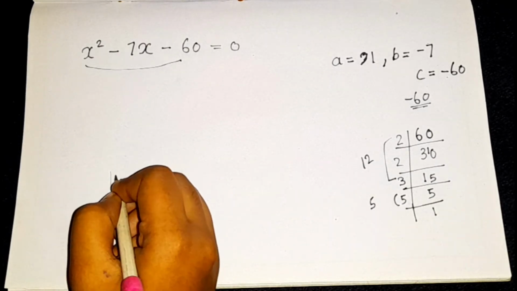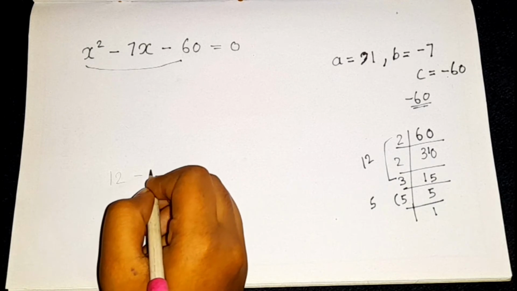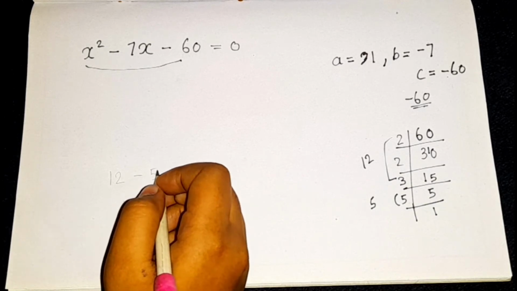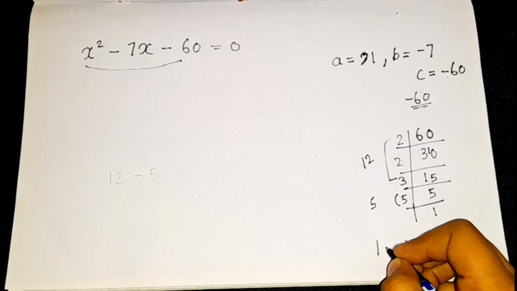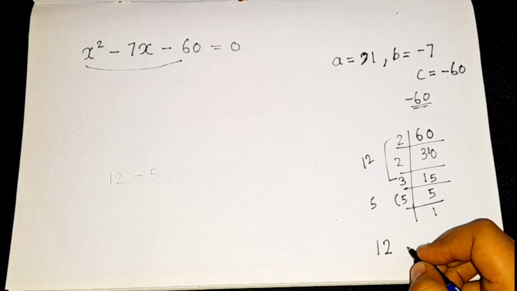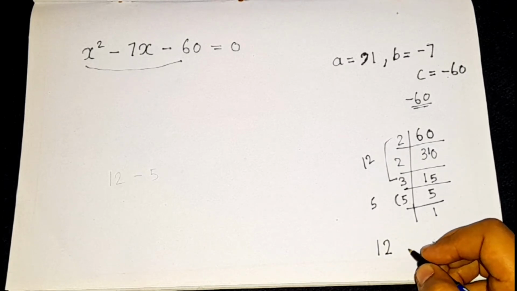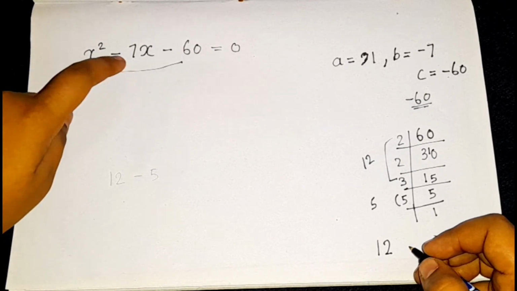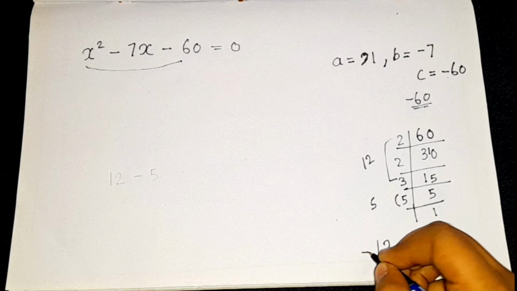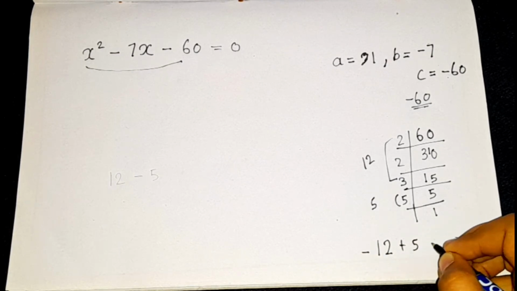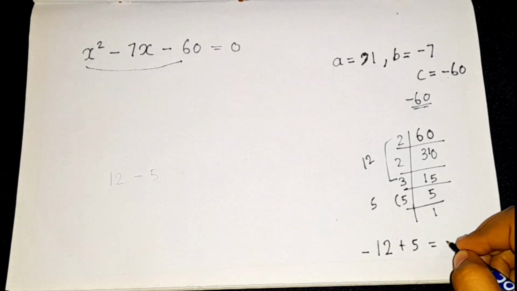Okay, so 12 minus 5. So I guess it is not visible. So let me just do it here. Okay, so when we just subtract it or add it, whatever we do, we should get minus 7. Minus is also important.